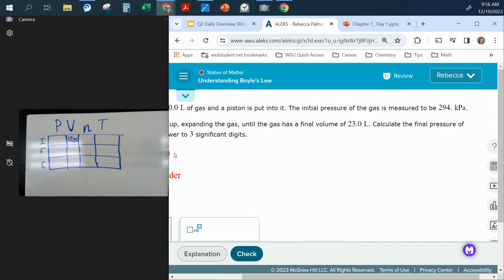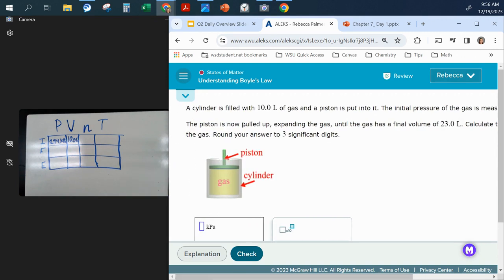So I'm going to put that in that box. 294 kilopascals. Okay. The piston is pulled up, expanding the gas until the gas has a final volume of 23 liters. So that's my final volume.